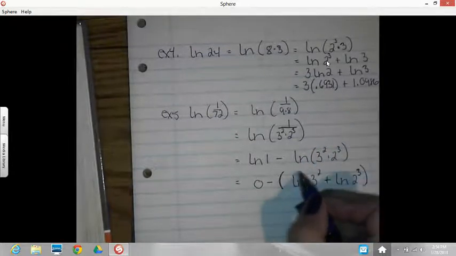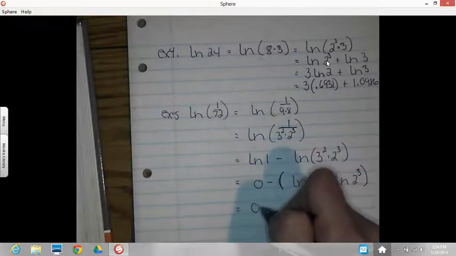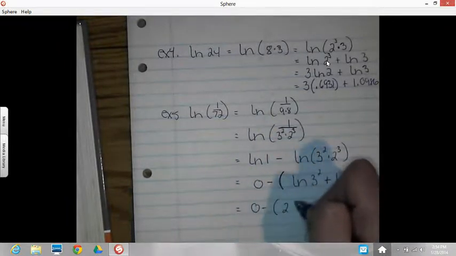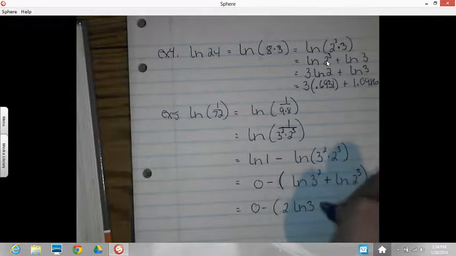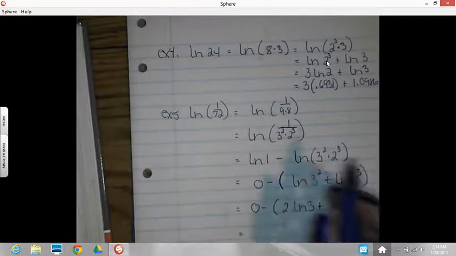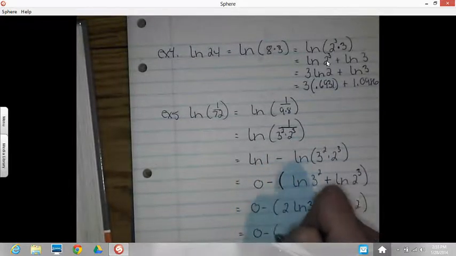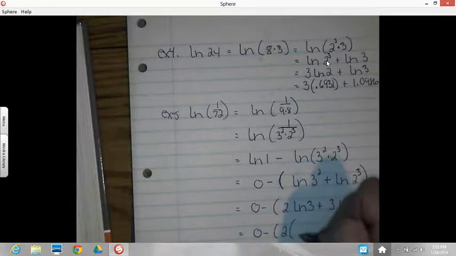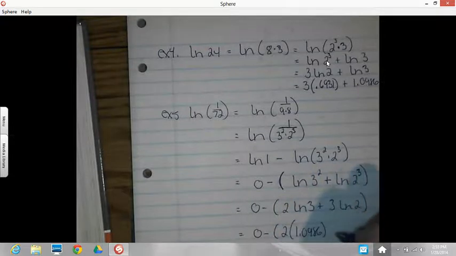These can come down as multipliers. 2 natural log of 3 plus 3 natural log of 2. And I have these values that they gave me in the book. 2 times 1.0986 plus 3 times 0.6931.